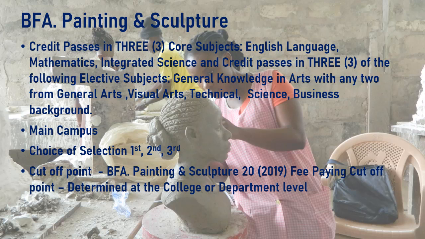This program is available on the main campus and is preferably a first, second, or third choice selection. The cutoff point for last academic year for Bachelor of Fine Arts, Painting and Sculpture was aggregate 20, and the cutoff point for fee payment is determined at the college or departmental level.